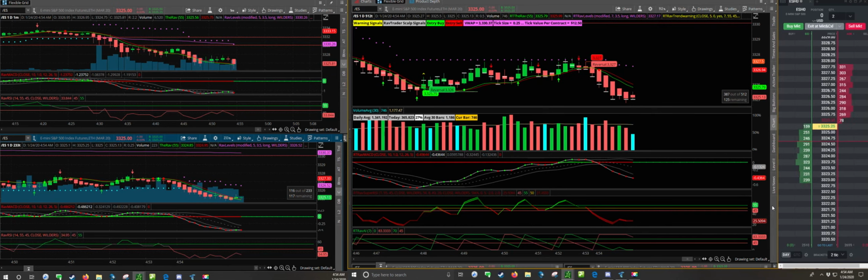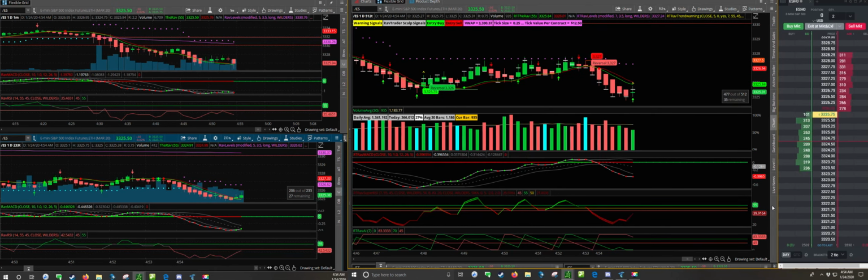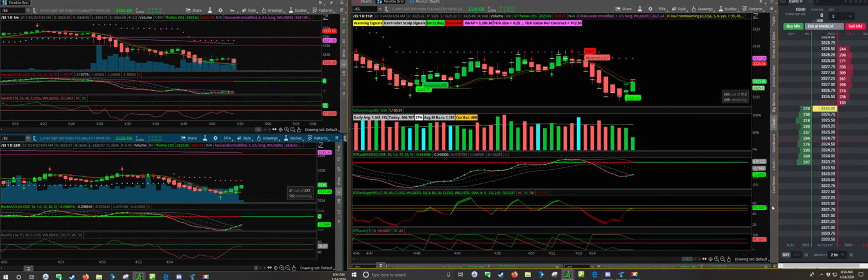Okay, we're consolidating right there at the 25 level. So we look for a reversal. One more order, 26 long. 26 long triggered.